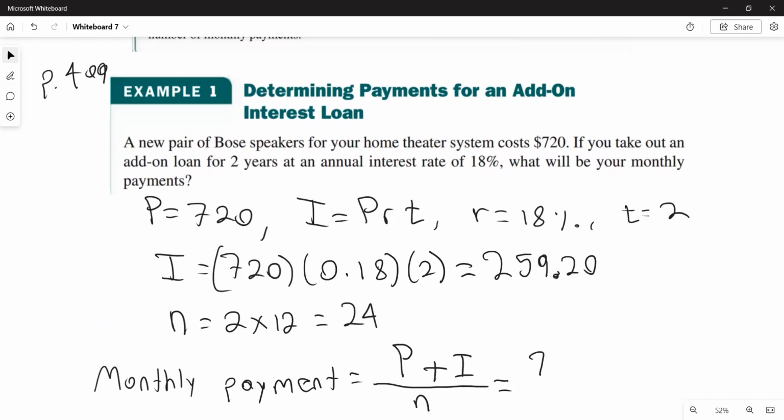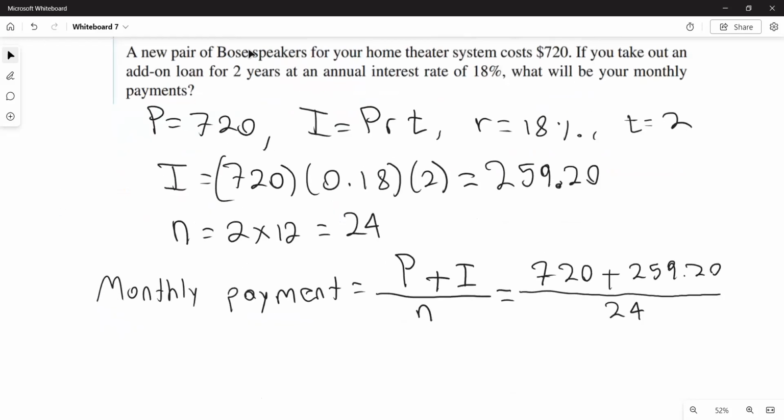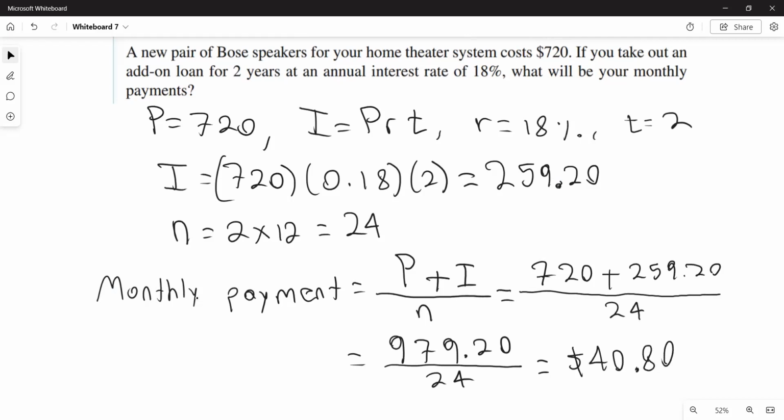So this is $720 plus $259.20 over 24 payments. 720 plus $259.20 is $979.20 over 24 months. So finally, this is $40.80. Those are going to be the monthly payments on this loan.